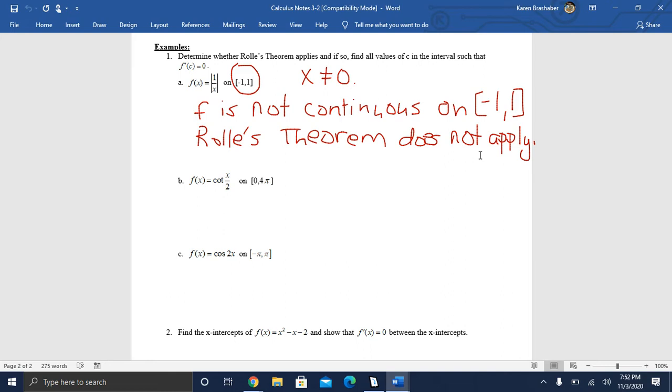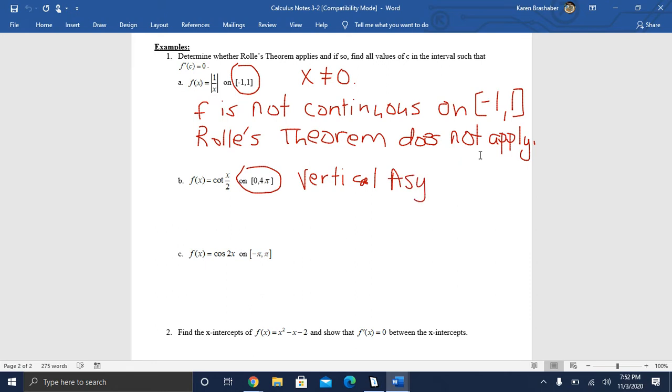And that is the case with the cotangent of x over 2. You can check out that graph, and I would recommend that you do that on part A as well. But if you check out that graph on the interval from 0 to 4 pi, you have vertical asymptotes occurring.